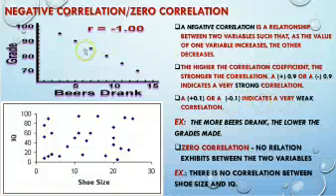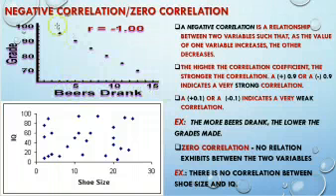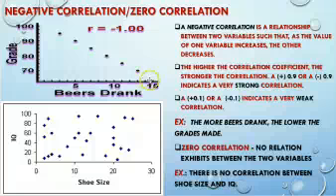In this illustration, showing a negative correlation, as the number of beers drank increases, the grades decrease. So that is a strong negative correlation, correlation coefficient of negative 1.00.